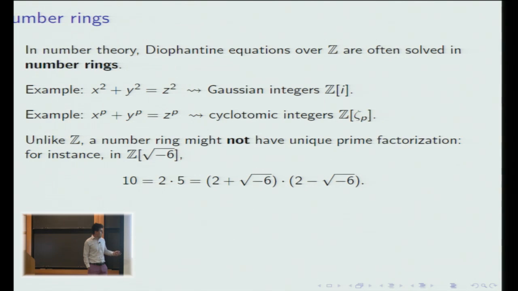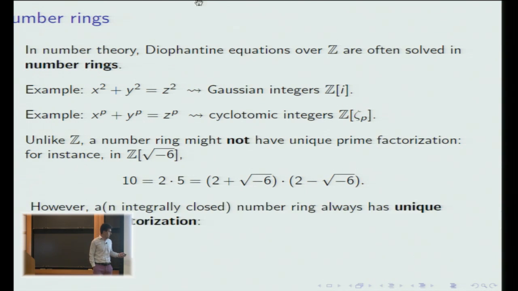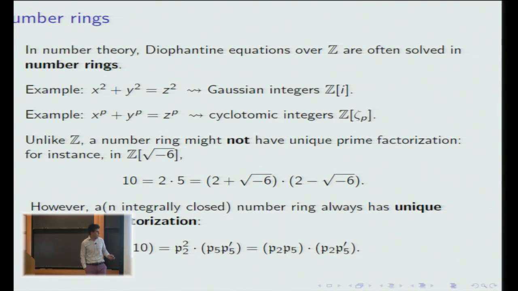However, if you look at these factors and you look at the principal ideals generated by them, if you further factor these ideals, you see that these 2 factorizations are actually the same factorization on the level of ideals. So these number rings always have unique factorization into prime ideals.